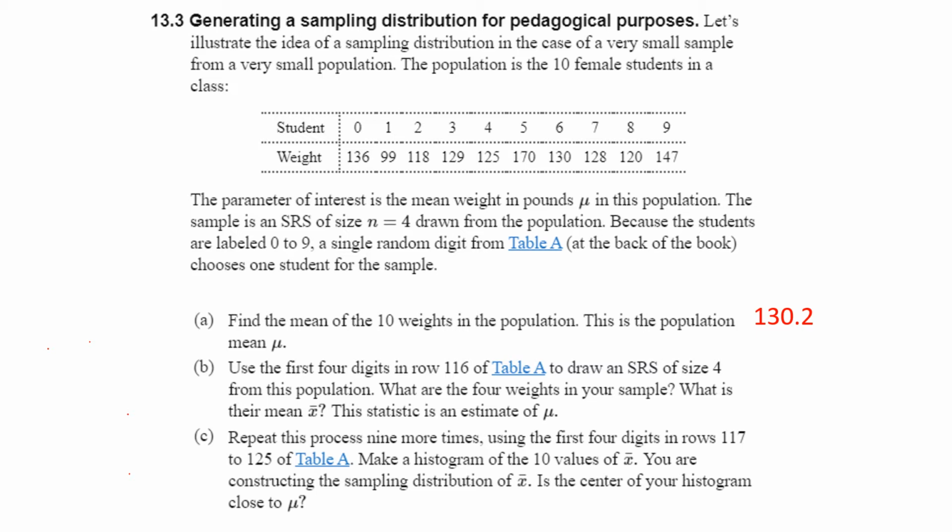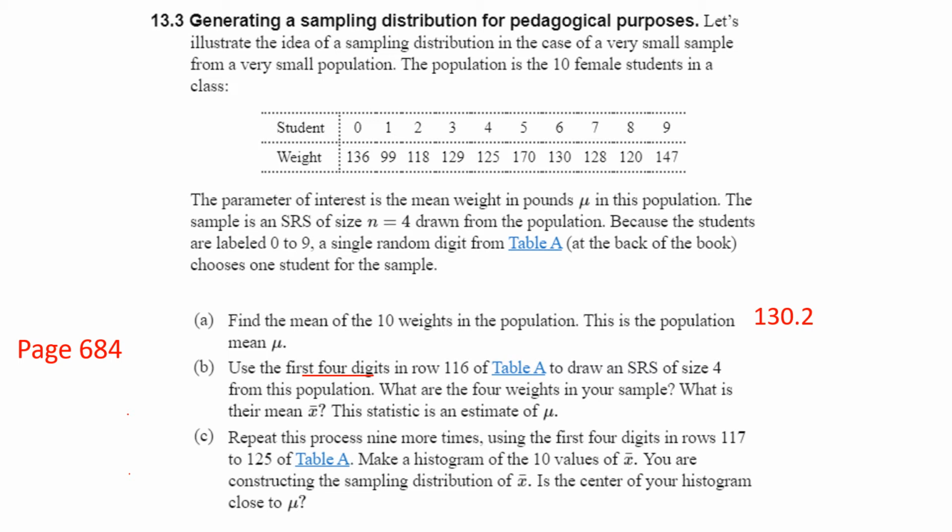Then use the first 4 digits in row 116 of table A. We know that this table A is from page 684. If you do not have the table with you, you can access your Sapling Plus course site. Under that, the file for table A, the random numbers, is given.